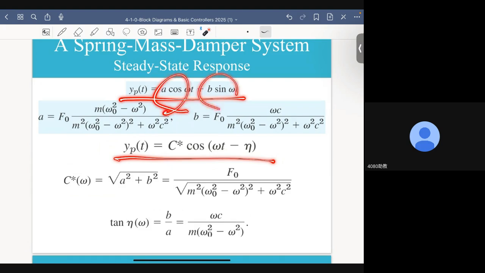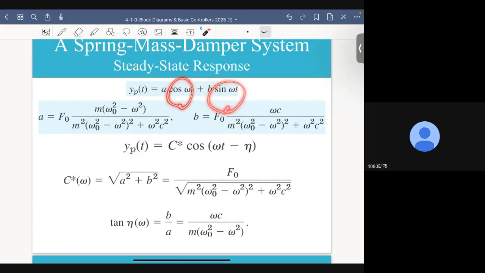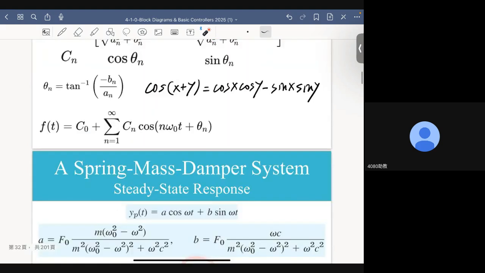Because in the original format, we need to deal with two sinusoidal functions, one is cosine, the other is sine. We want to simplify the matter, so we want to introduce a new representation which involves only one sinusoidal signal, which is cosine. How do we do that?